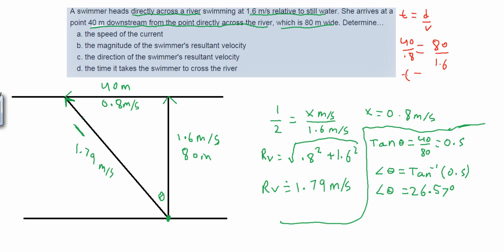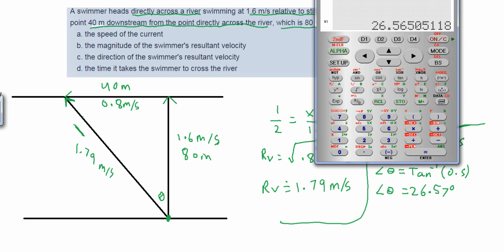Time equals 40 divided by 0.8. Let's calculate that now. 40 divided by 0.8. That equals 50.